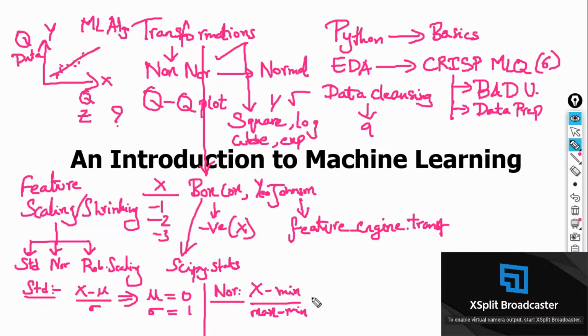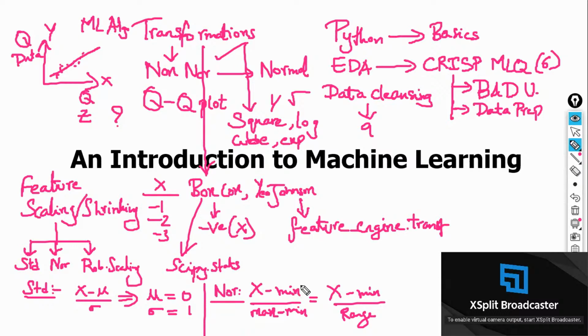So this is nothing but x minus minimum by range. MinMaxScaler is the function that is used. I'm asking the formula: x minus minimum by range, nothing but maximum minus minimum.